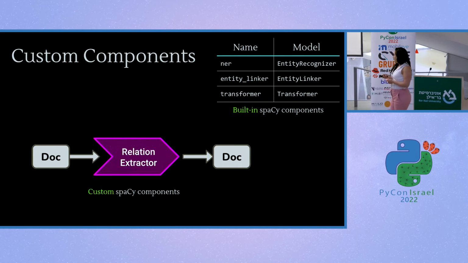For example, relation extraction is not a built-in SpaCy component. If you want to use it, you need to build a machine learning model that takes in the document as input, predicts the relations between the entities, and returns a doc object with these predictions.